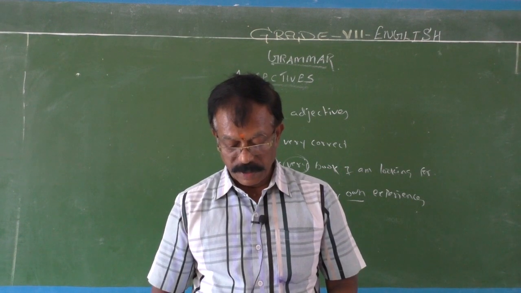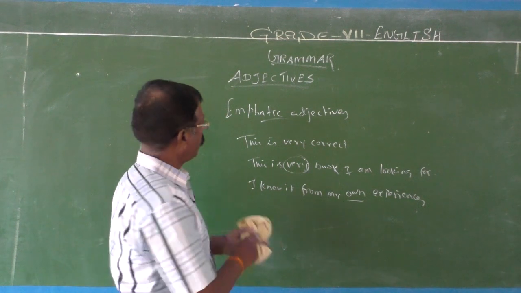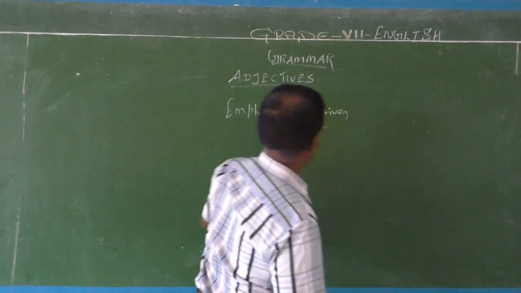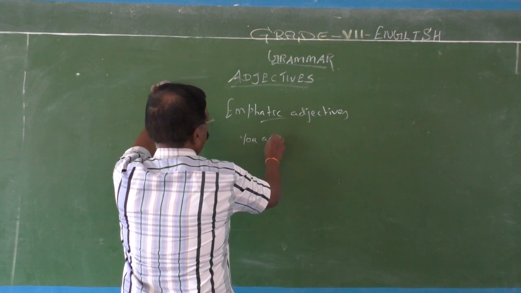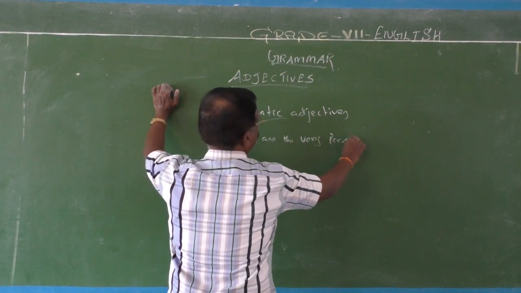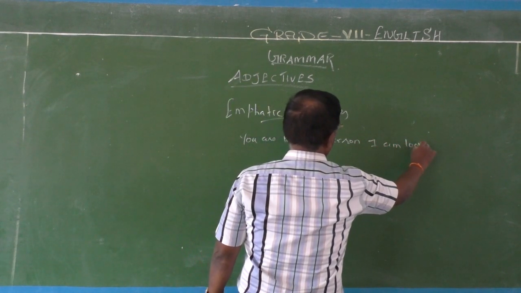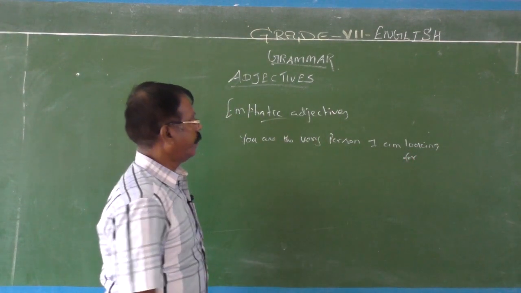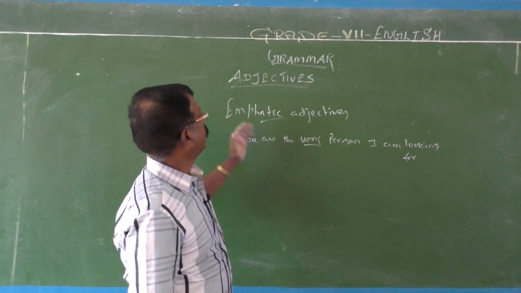See, you are the very person I am looking for. See the example. I would like to give you one more example. You are the very person I am looking for. Okay, so very person stands for emphasizing.